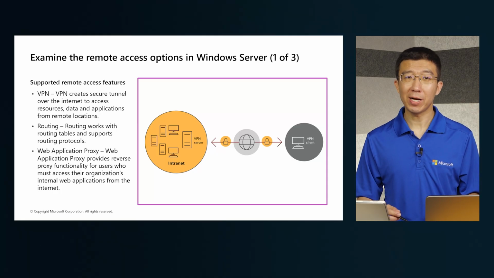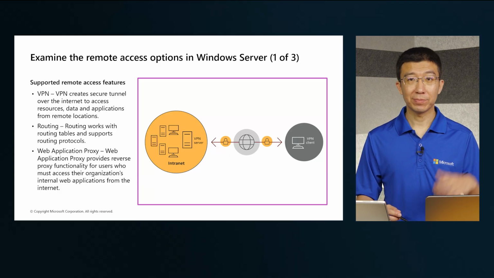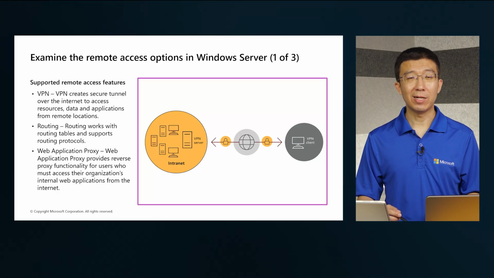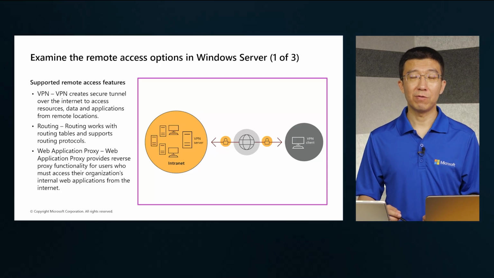Web Application Proxy provides reverse proxy functionality, enabling users to access internal web applications securely from the internet. The remote access server role brings these technologies together, allowing organizations to choose the best solution for their needs.